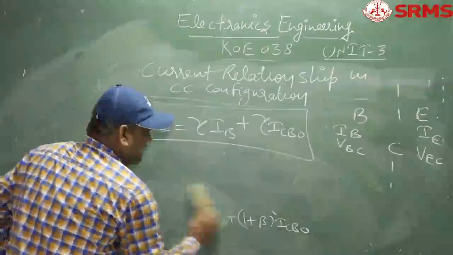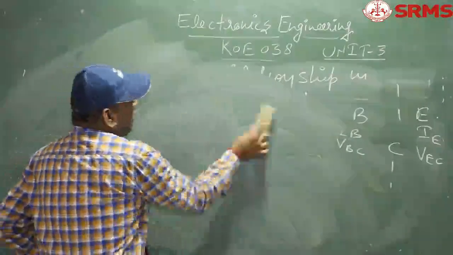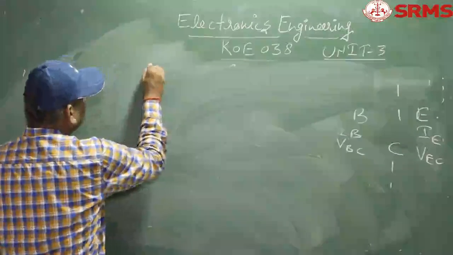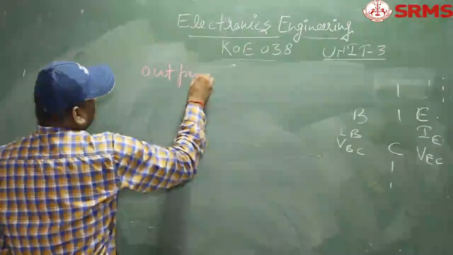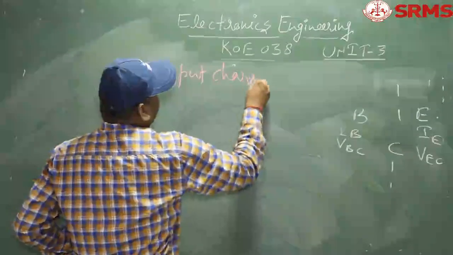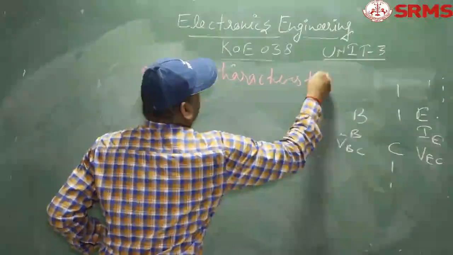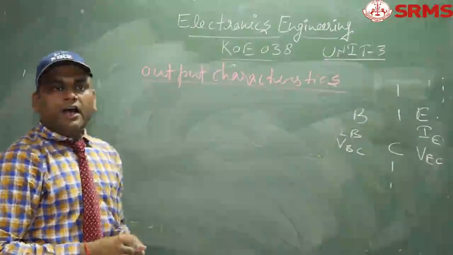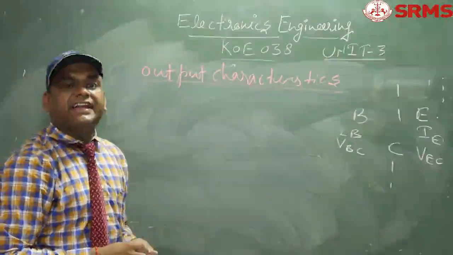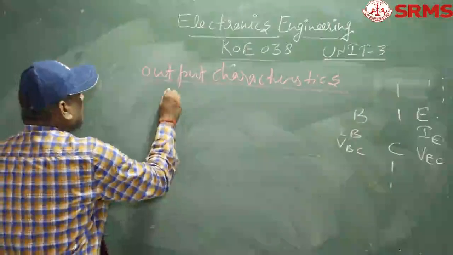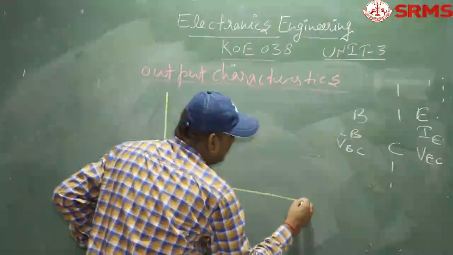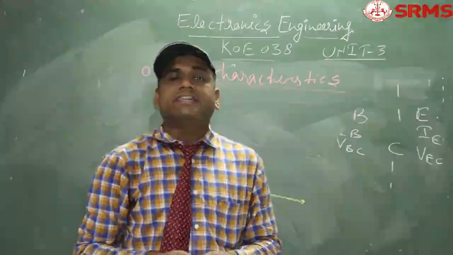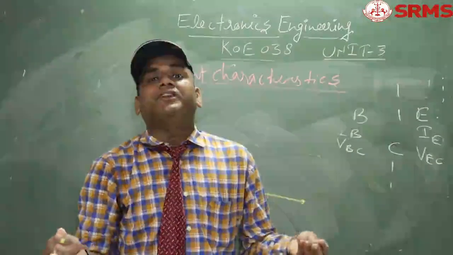Now we will see how we can draw the output characteristic of an NPN transistor in common collector configuration. Is that clear? The output characteristic is similar to the output characteristic of the transistor in common emitter configuration.